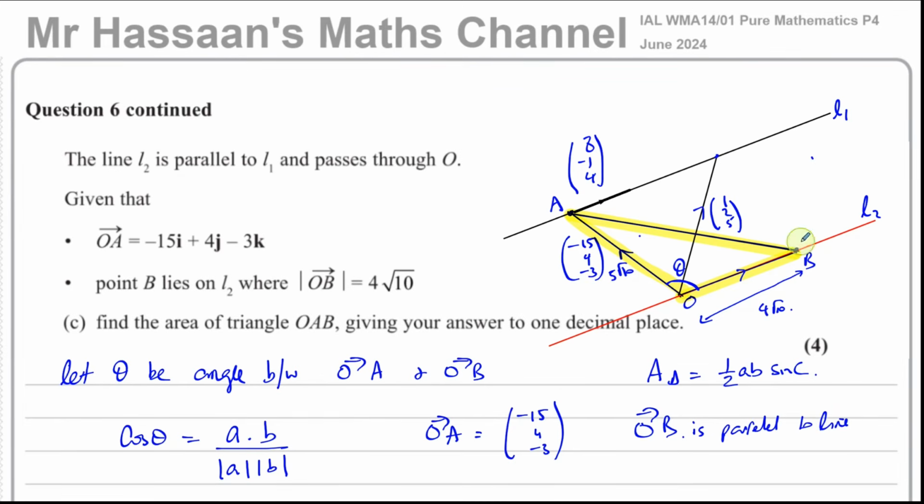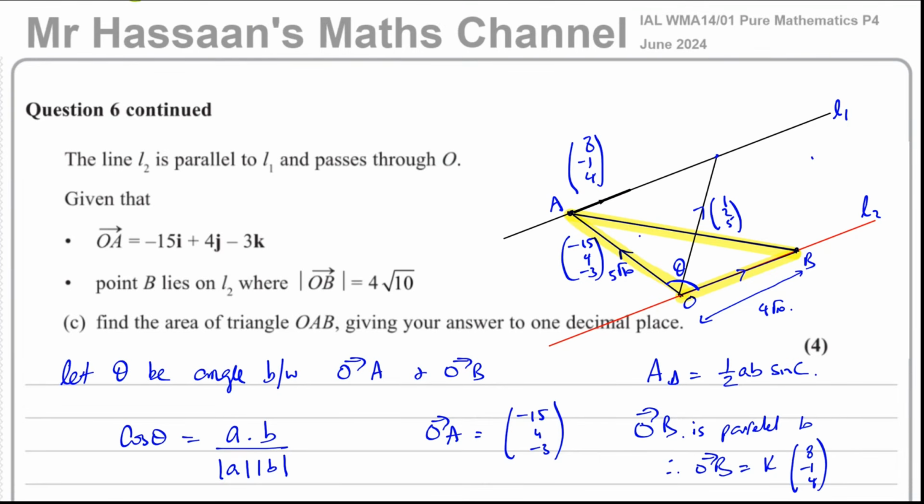So I don't have to have O to B itself; I can have any vector that's parallel to O to B. Therefore, O to B is going to be some constant times 8, minus 1, 4, because it's parallel to line 1.